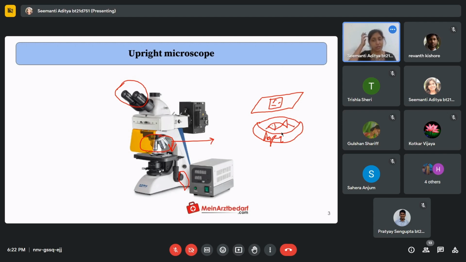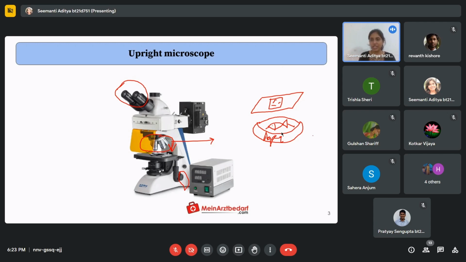So the upright microscope is very important for observing fishes or fixed samples which are thicker and which cannot be penetrated using an inverted microscope. As you go deeper into microscopy, we can see that there are different kinds of objectives and different ways microscopes are used, depending upon the requirements.